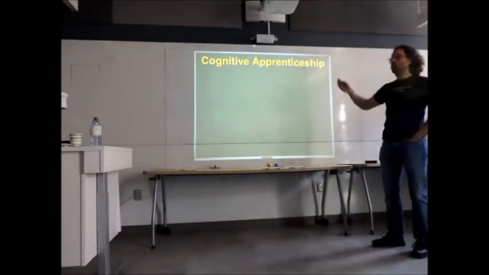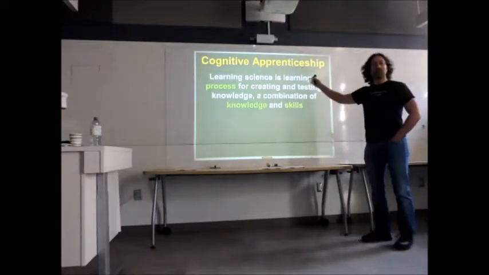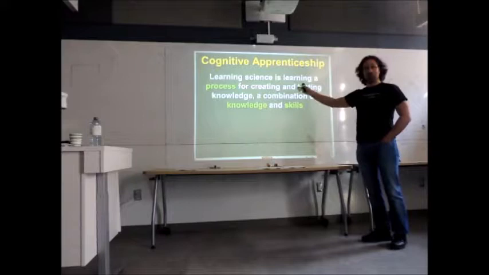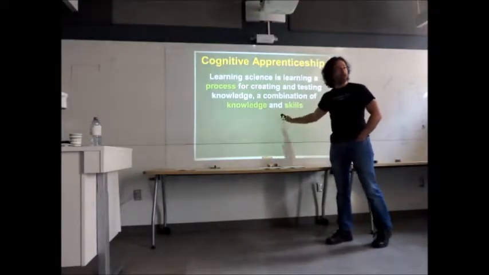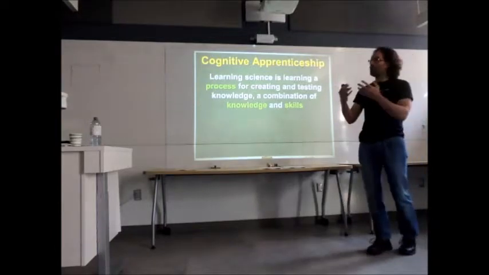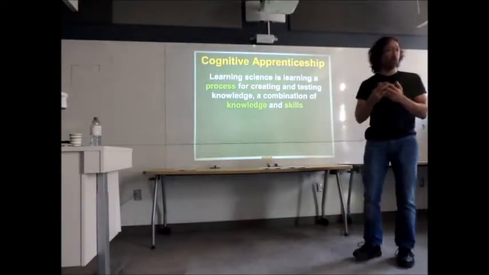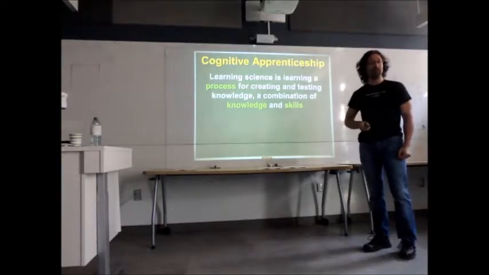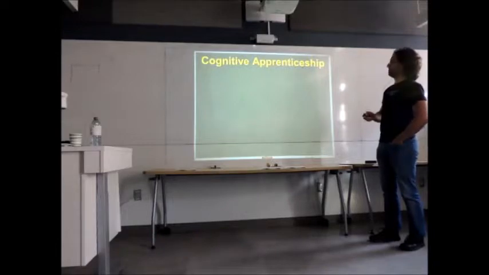And our goal of cognitive apprenticeship, science is all about process. Knowledge is important, individual skills are important, but how they work together, that process of generating and testing knowledge, this is what the game is all about. And so we want to reward them for process.